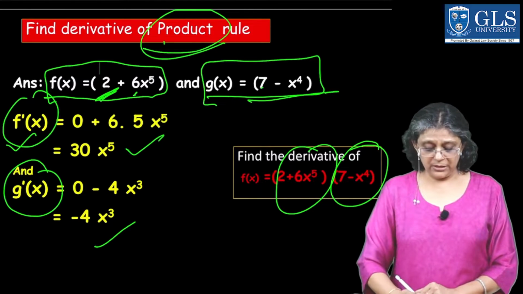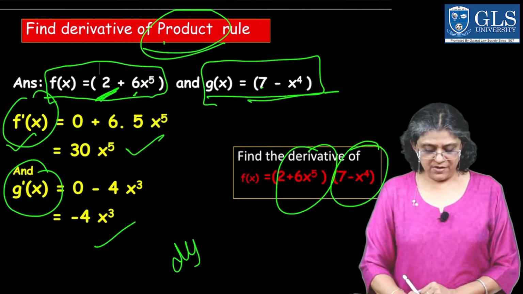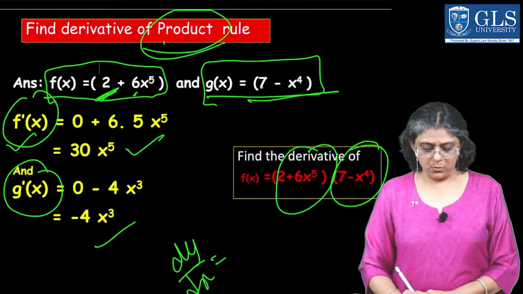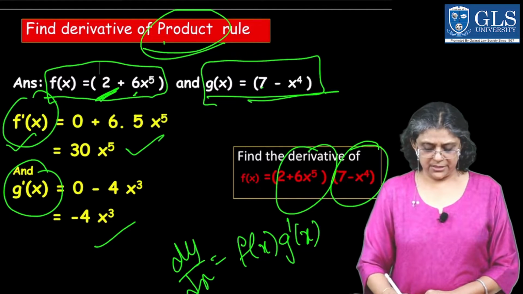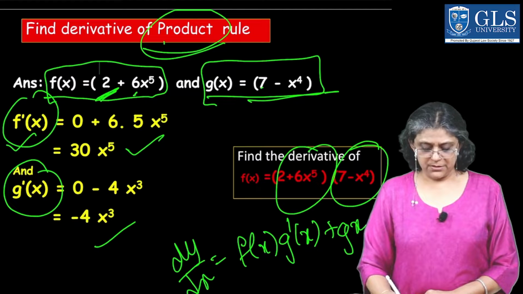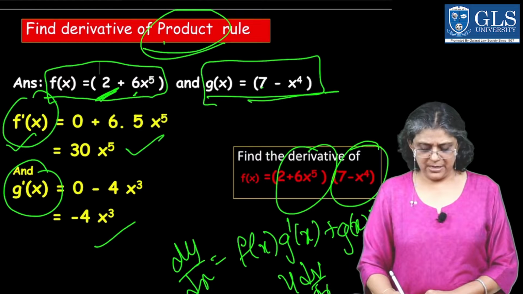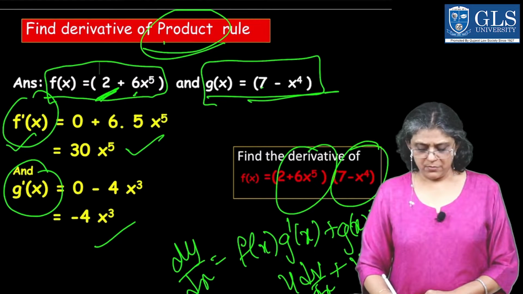Now what is the formula for this? dy by dx is equal to f(x) into g dash x plus g(x) into f dash x. You can also write it as u into dv by dx plus v into du by dx.